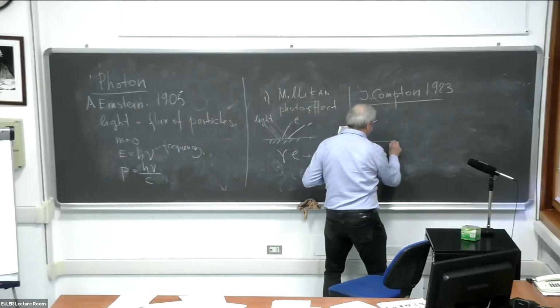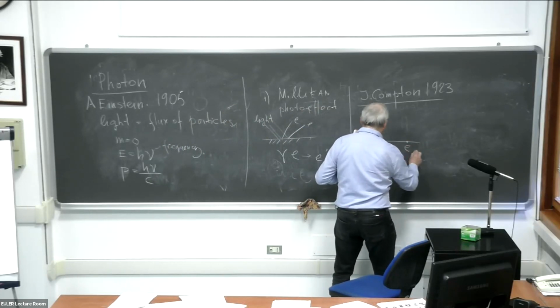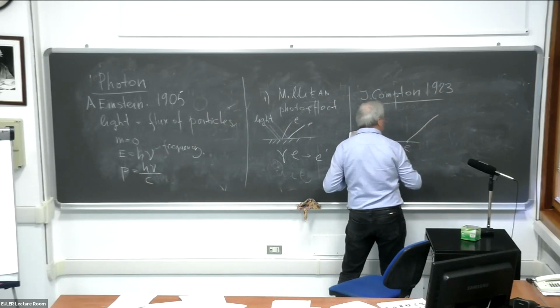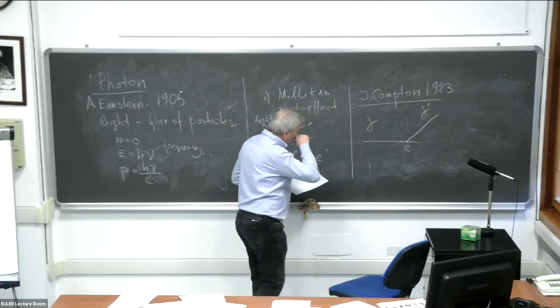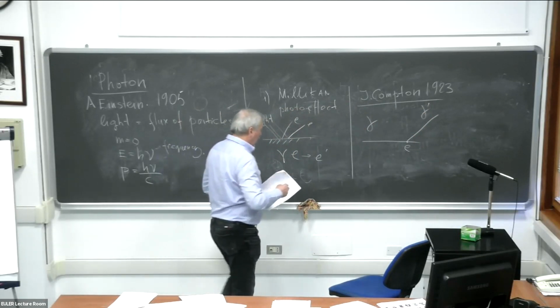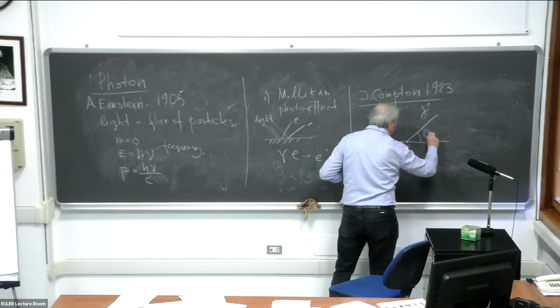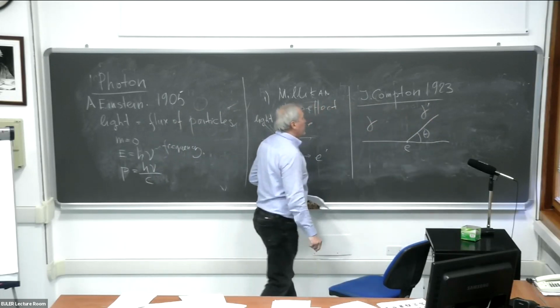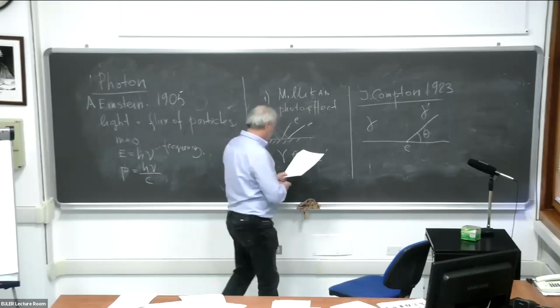So gamma, initial state, interacted with electrons and then produced again light or gammas, which moved in some other direction. And so he measured the theta distribution of secondary light in this process, and scattering was on the electron.